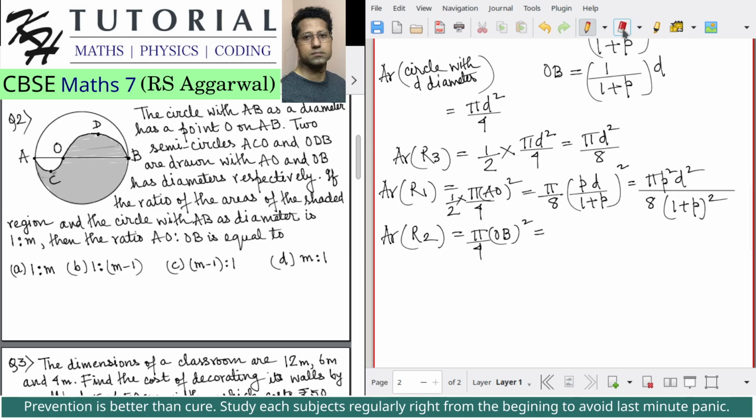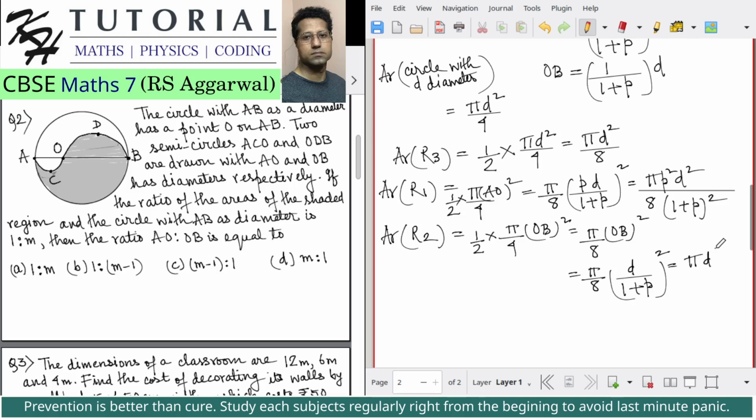Similarly, the area of R2 will also be half multiplied by pi by 4 OB square, so this is equal to pi by 8 OB square. What is OB? OB is d by 1 plus p, squared. So this is equal to pi d square by 8 times 1 plus p whole square.